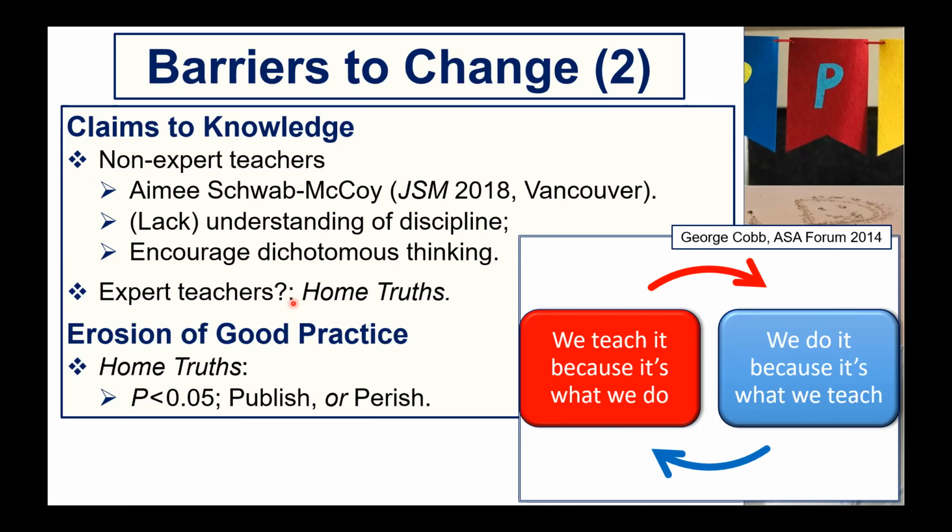But what happens is they go out of my lecture with these ideas around good practice, see their research supervisor, and this happens a lot in the biomedical sciences, and they say, yeah, forget about what Sedgwick told you, because no one listens to that. All right, the key thing is, get a p-value less than 0.05. You can publish, and if you don't publish, you will perish. Right? And that is very, very evident in my postgraduate students.